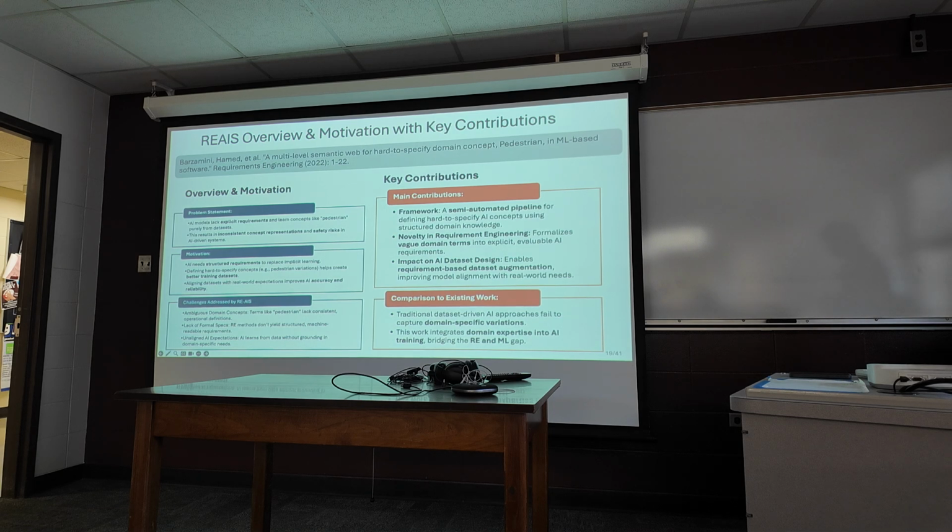A structured pipeline for specifying hard-to-specify concepts, a semantic requirement for AI-oriented evaluation, and a foundation for judging dataset completeness. In short, REIS builds the specification, not the dataset. It brings RE techniques into the AI loop to shape what domain alignment should look like. So next I will walk you through how this semantic pipeline works.